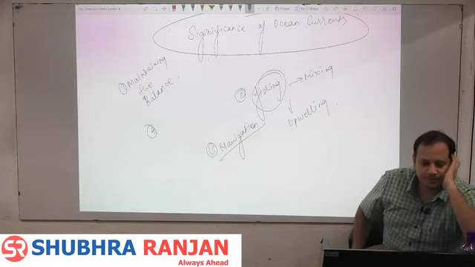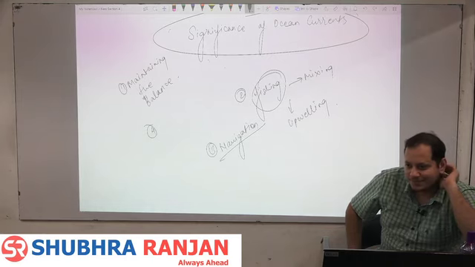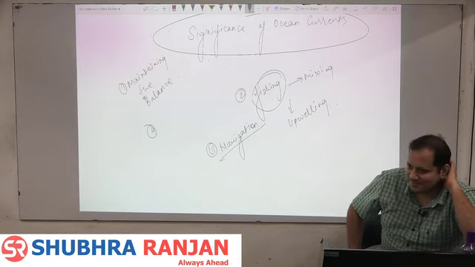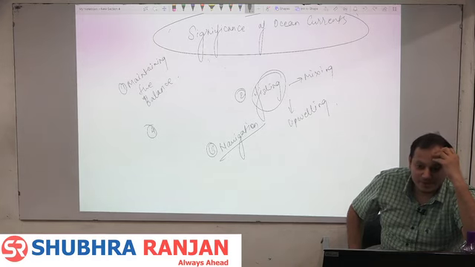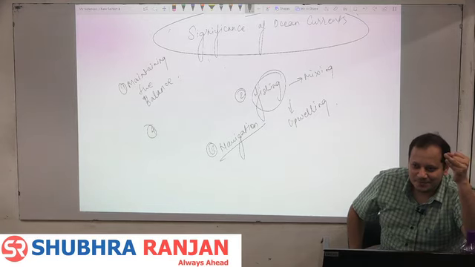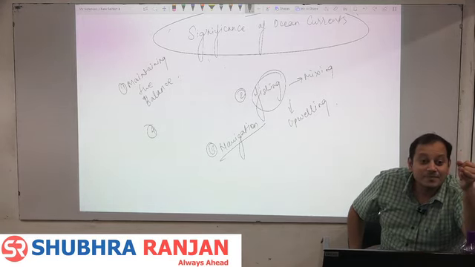Fourth importance of ocean currents, fishing is done, now prediction. How?